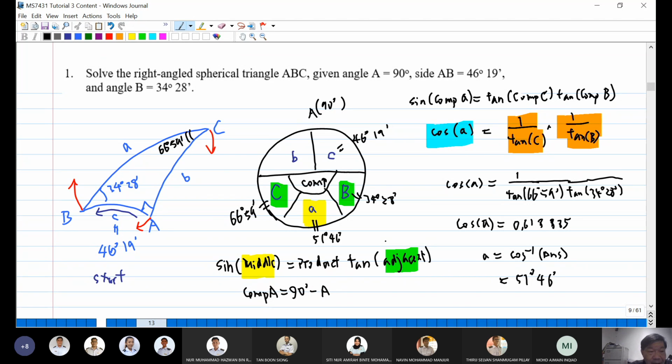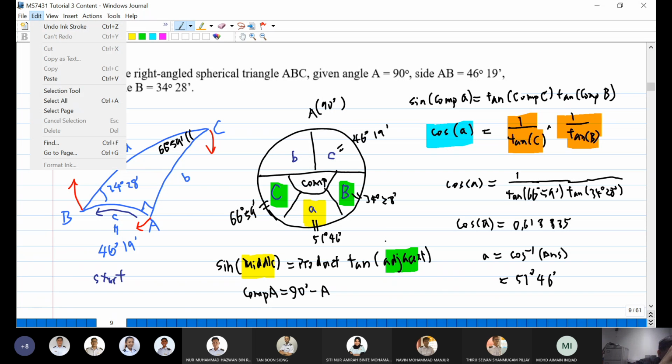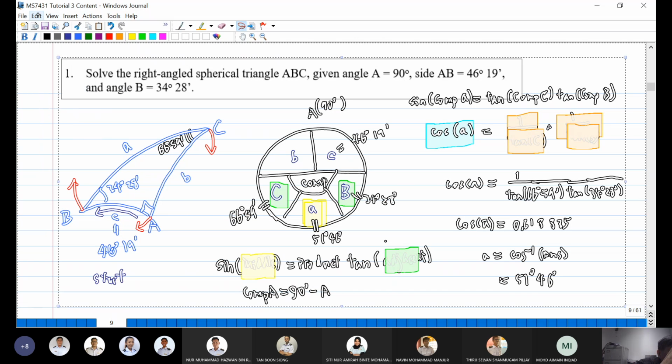You can actually use cosine or that product or cosine opposite. So any one of the Napier rules you can use now. So let me copy this and move on to the next page here.